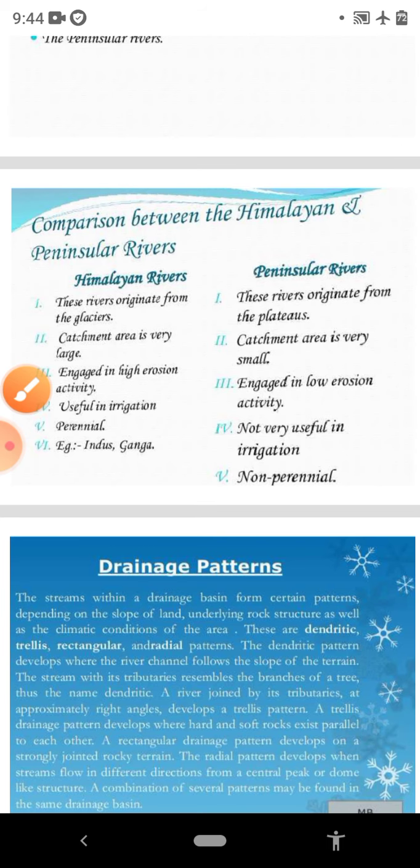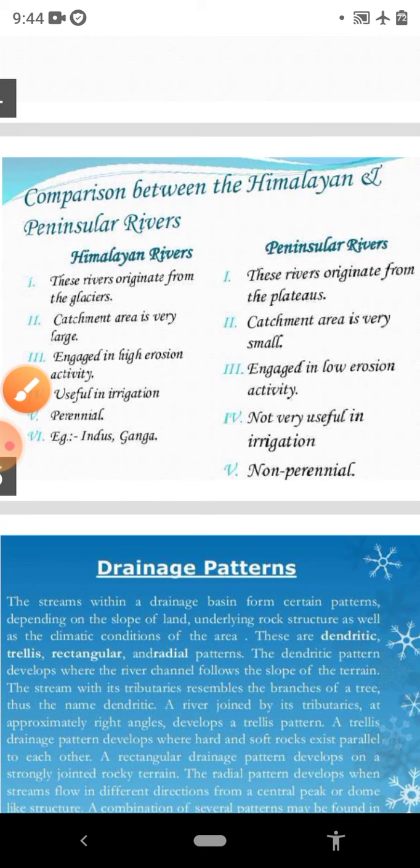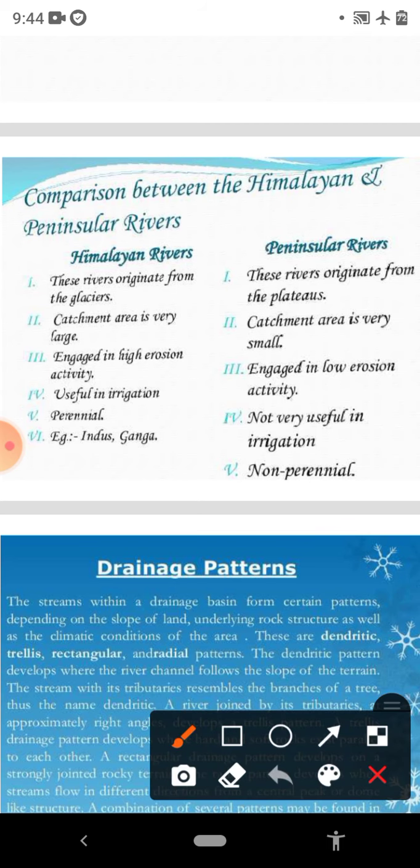If you see the second point, it is given under Himalayan river, catchment area is very large. In the second column under Peninsular river, it is given catchment area is very small. The catchment area is the area from which a river gets its source, means water.